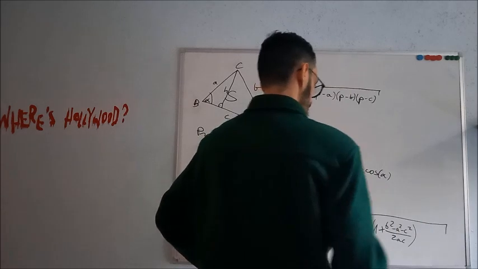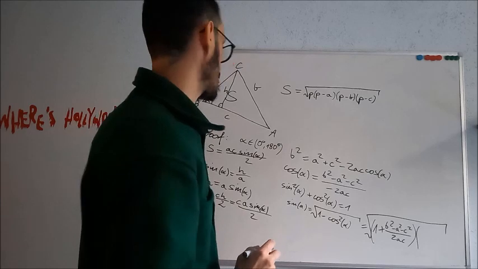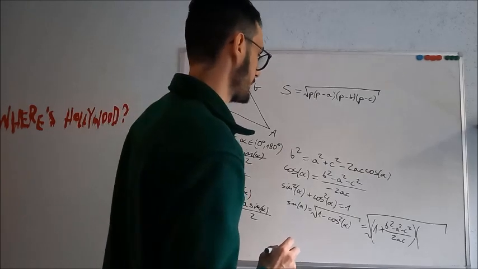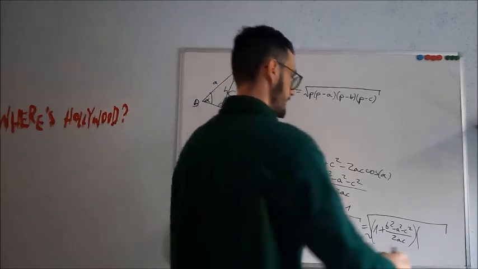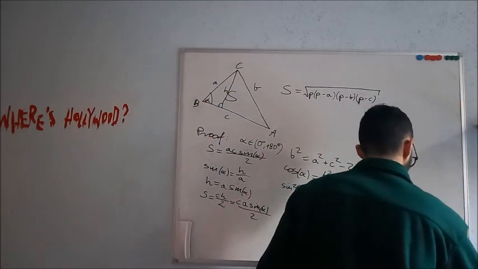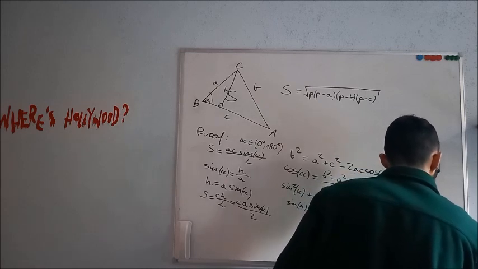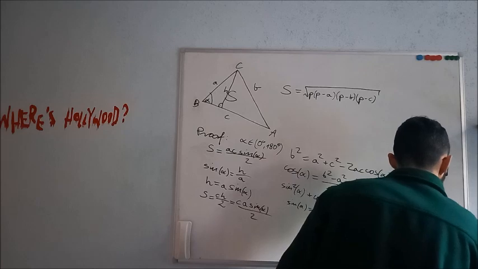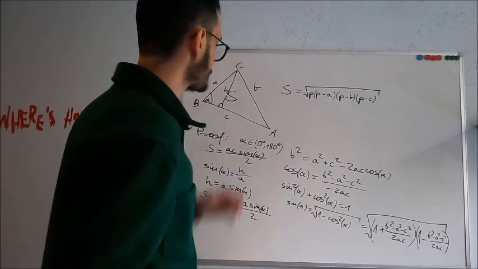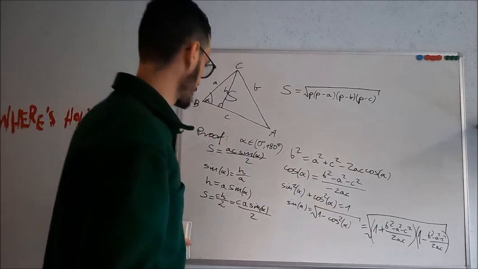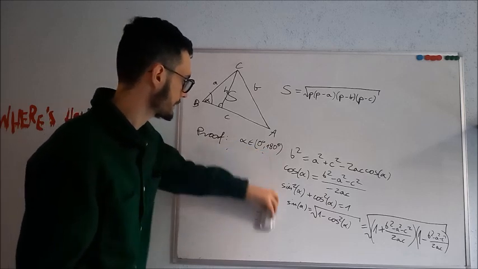And the next thing is 1 plus cosine alpha, so it's actually 1 minus this part. Right, so we get 1 minus b squared minus a squared minus c squared over 2ac. Okay. So now let's make place for our proof right over here.